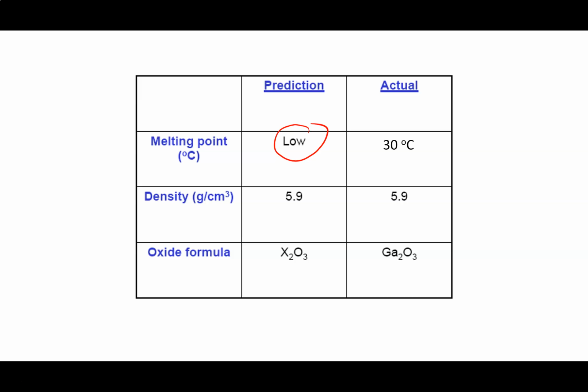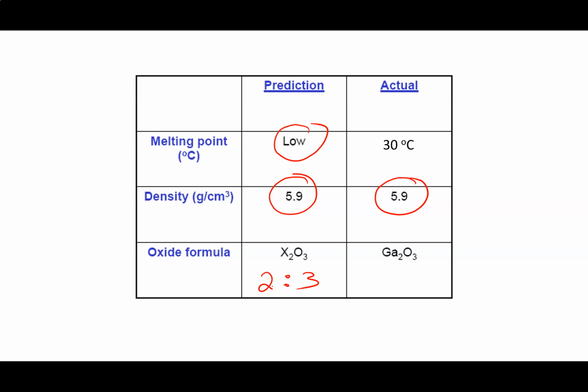Now, Mendeleev predicted that gallium would have a density of 5.9 grams per centimeter cubed. So it's really dense. That's about 6 times more dense than water. Sure enough, when you measure the density of gallium, it comes out to be exactly 5.9 grams per centimeter cubed. Mendeleev predicted that when gallium, or he called it Eka aluminum, reacts with oxygen, it'll do so in a 2:3 ratio.